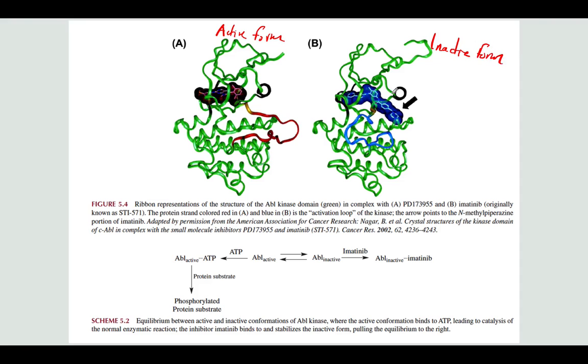So what imatinib does is bind to the inactive form of the enzyme and form a complex with it. And that's how it exhibits its inhibitory activity.